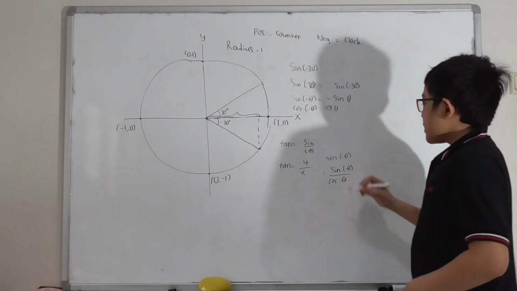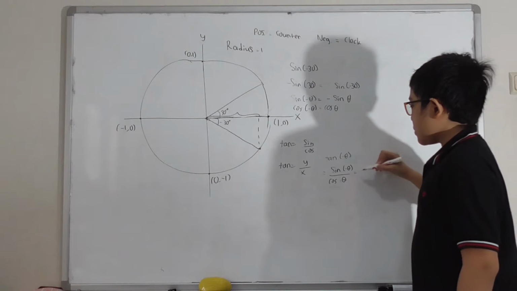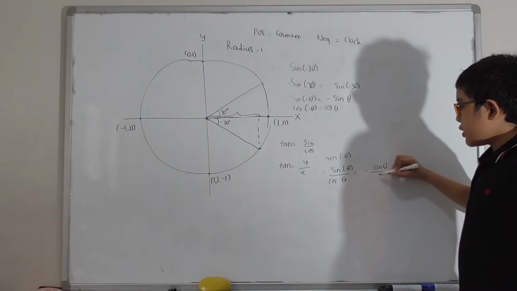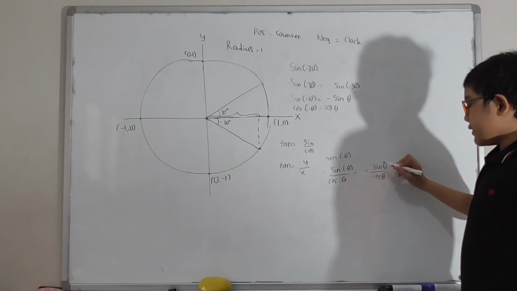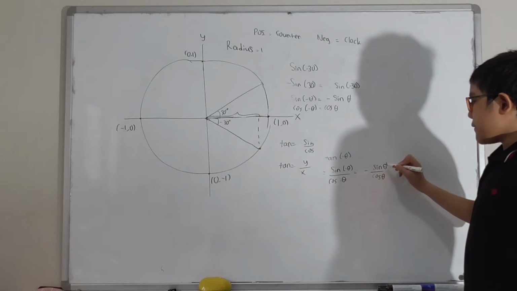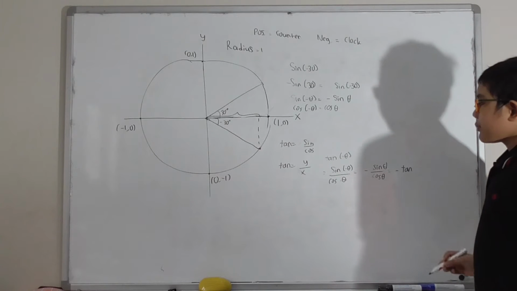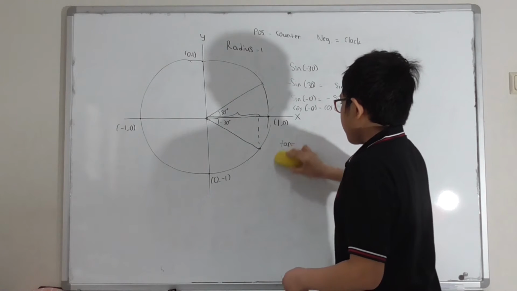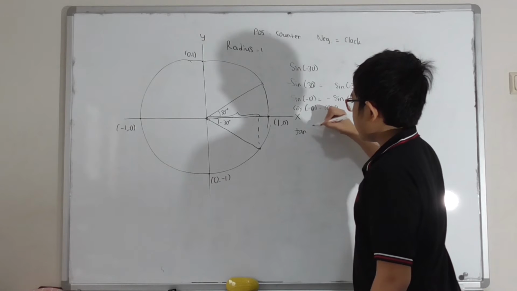And then sine of negative theta is negative sine of theta, so it's going to be equal to negative sine of theta over cosine of theta. Sine of theta over cosine of theta is tangent, so negative sine of theta over cosine of theta is equal to negative tangent. So then we can say the tangent of negative theta is equal to negative tangent of theta.